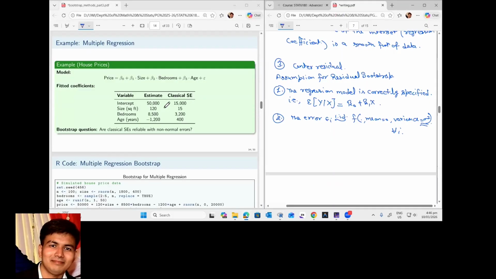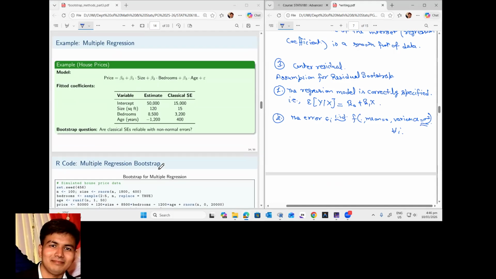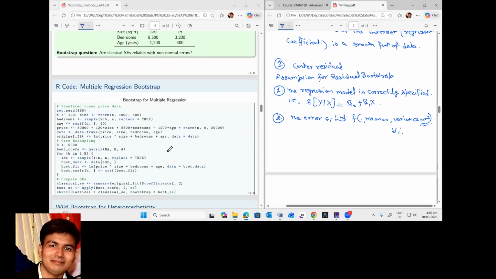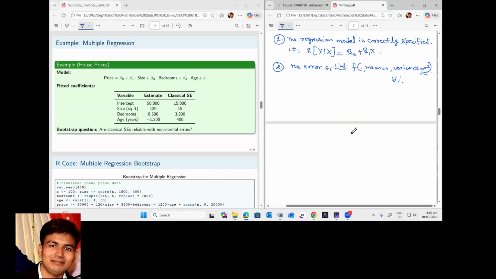Now we come to the multiple regression bootstrap. In the multiple regression bootstrap, everything will remain the same as in simple linear regression. Instead of generating x1 and y1, you will generate x1, x2, x3, whatever the predictors are, along with the y.